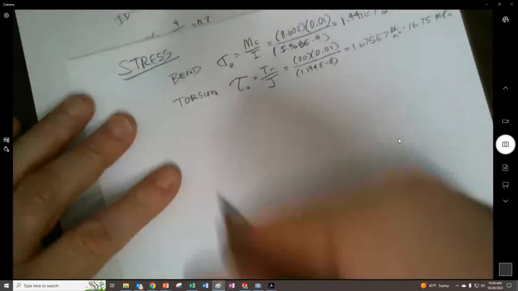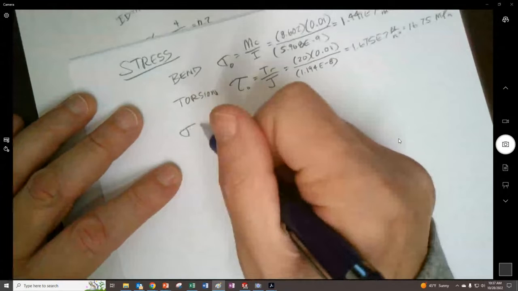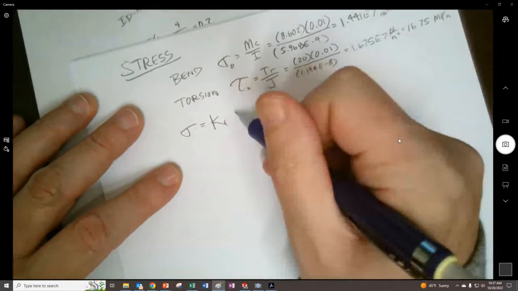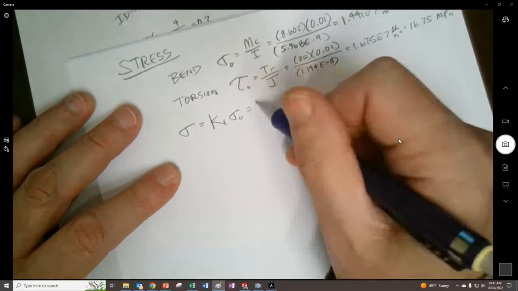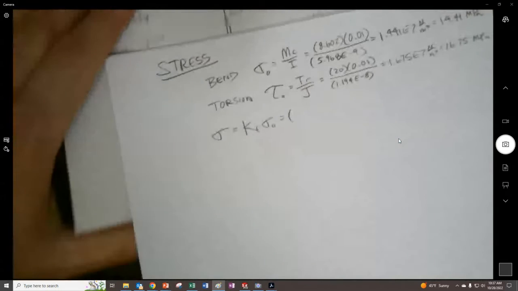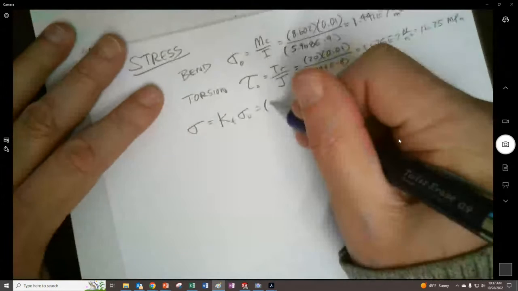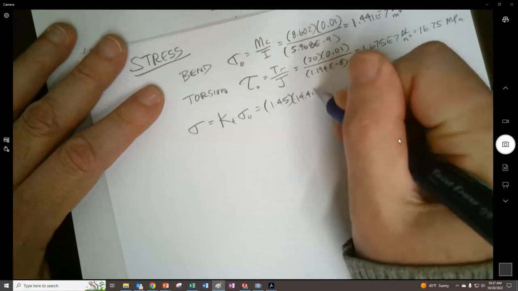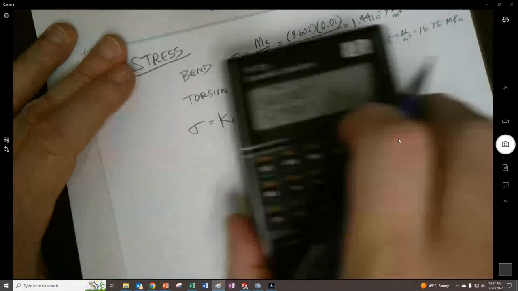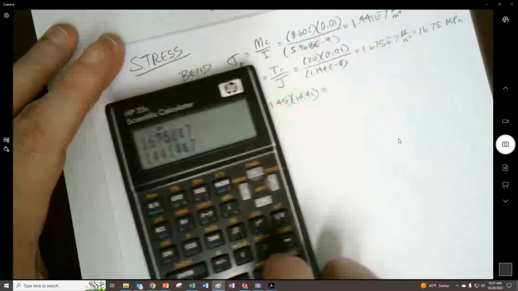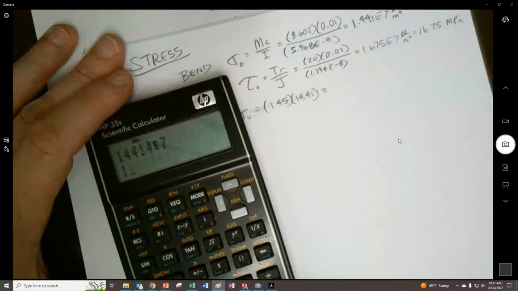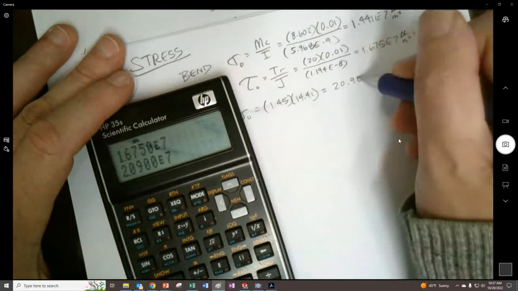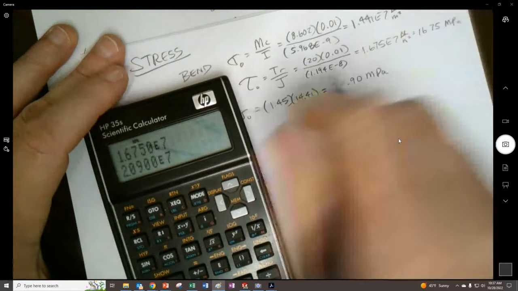And now we want to find our maximum stresses here. So we take KT times the nominal, and the KT for the bending was 1.45 times our 14.41. So we end up with 20.90 megapascals.